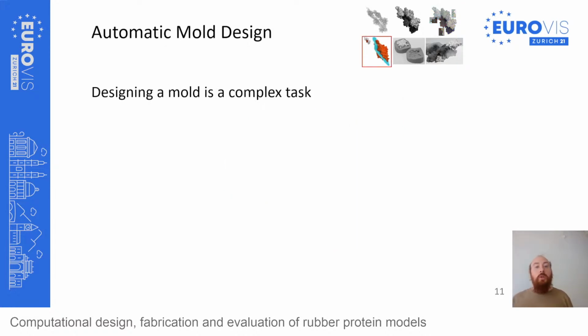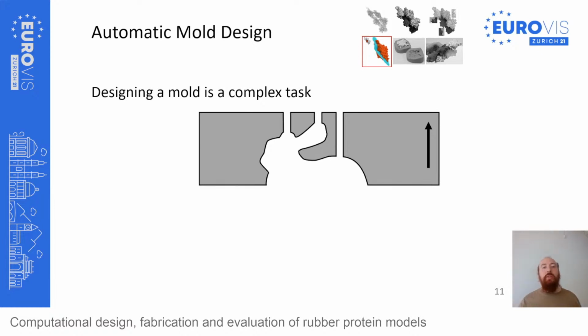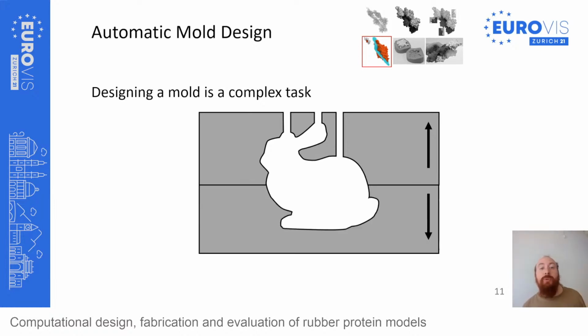Okay, so once we obtain the interpolated surface for each of the subunits, we can then proceed to automatically generate the molds for fabricating them. So for whom is not familiar with molding, a mold is an object made of a set of parts, and these parts can be assembled together to form an empty cavity or hollow shape that has the shape of the object that you want to produce.